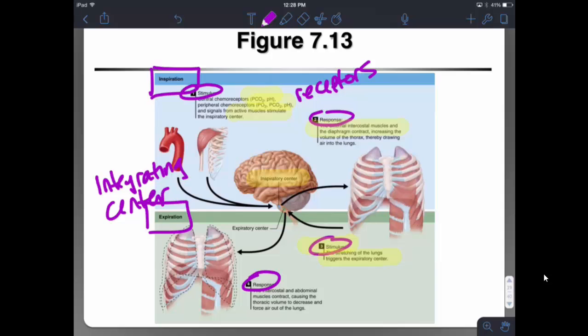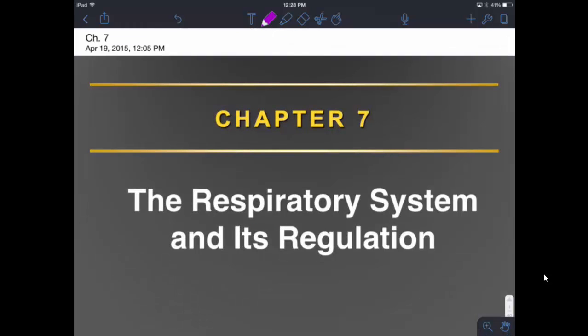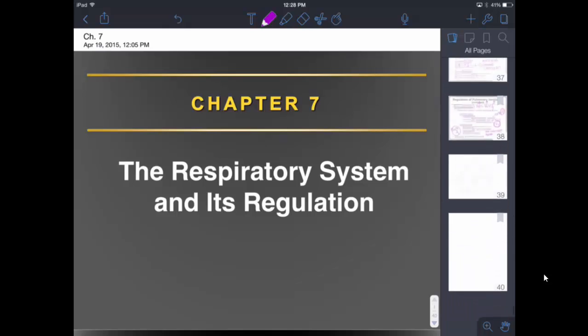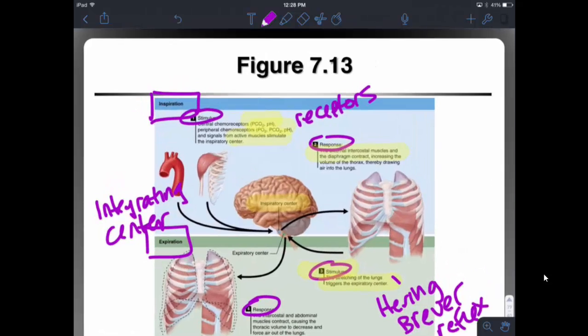And this is called the Hering-Breuer reflex.